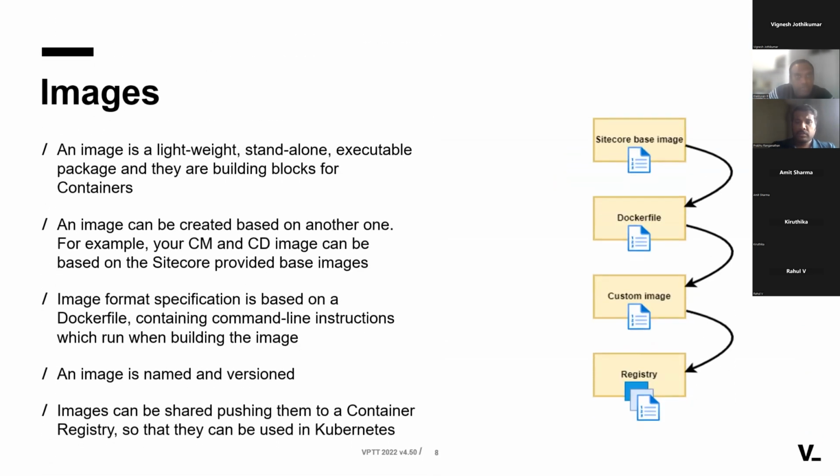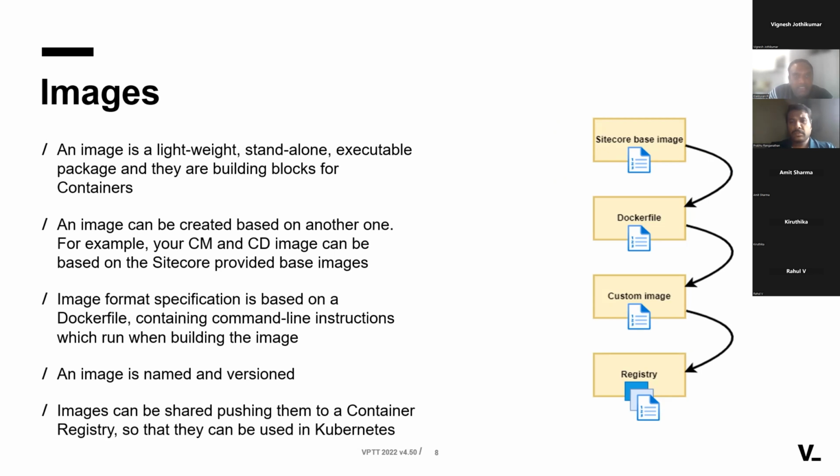Images are the building blocks of containers, and images are basically lightweight, standalone, and the smallest executable unit. It is possible for us to create an image based on multiple other images.